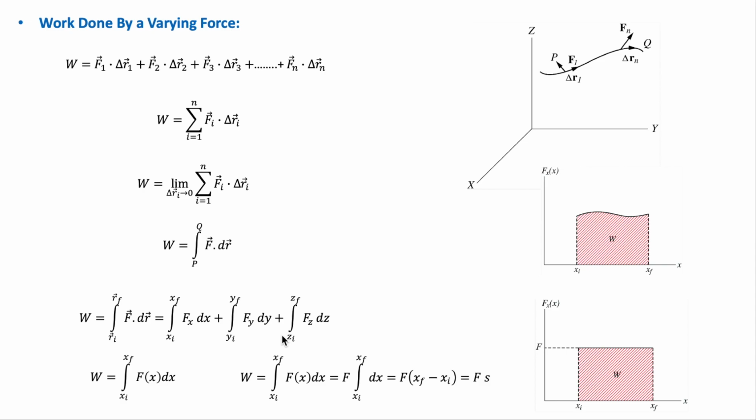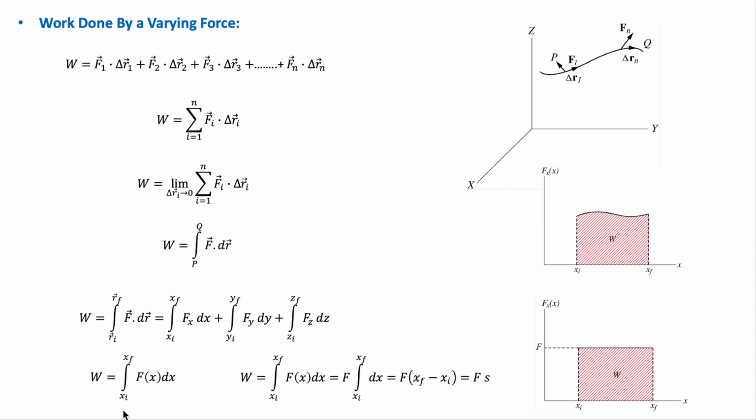So now consider the case in which the particle moves along a straight line, and let's consider it to be the positive x-axis. And let's suppose that the force acting on the particle has a constant direction along the x-axis, but its magnitude is varying with x. Then in that case, we can write this equation as the integration from x initial to x final of the force, which is a function of position, times dx.